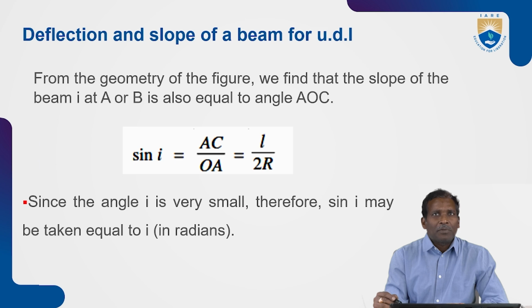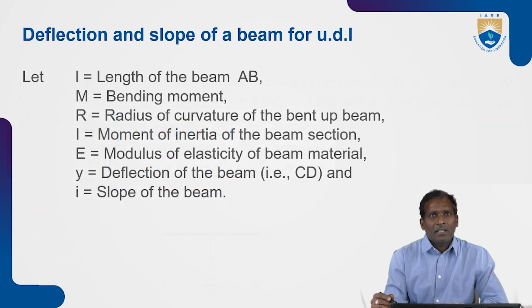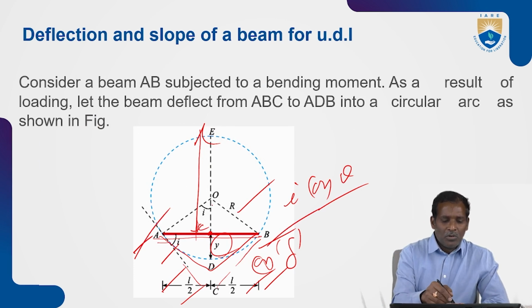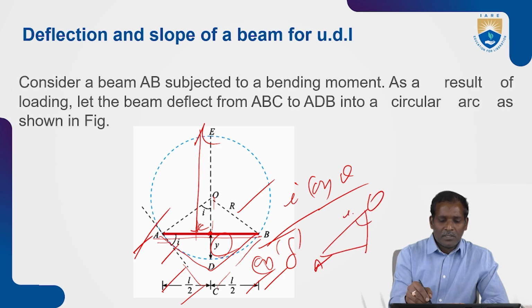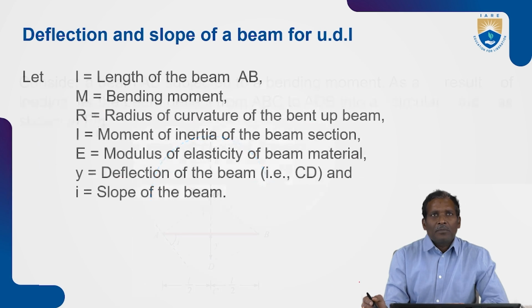From the geometry of the figure, we find the slope of the beam. That is, the angle I at A or B is also equal to angle AOC. What is the angle at A or B? It is AOC.